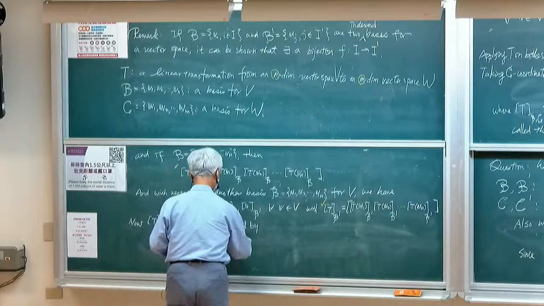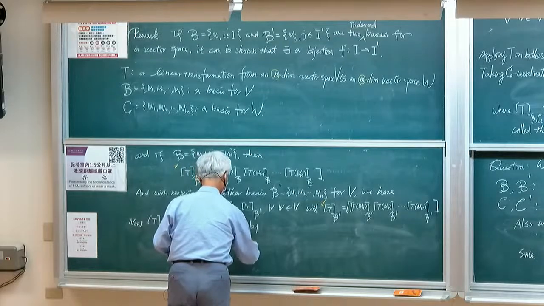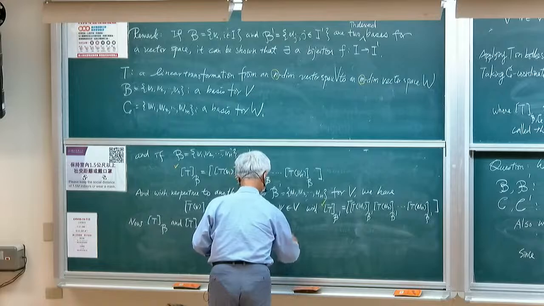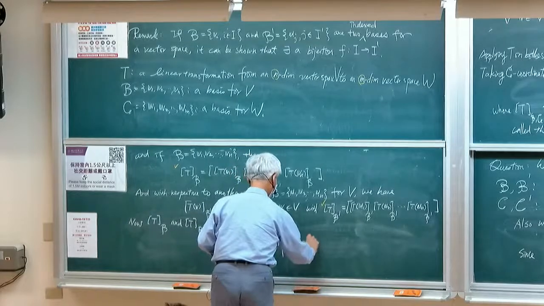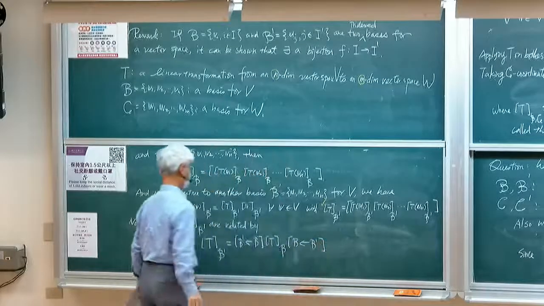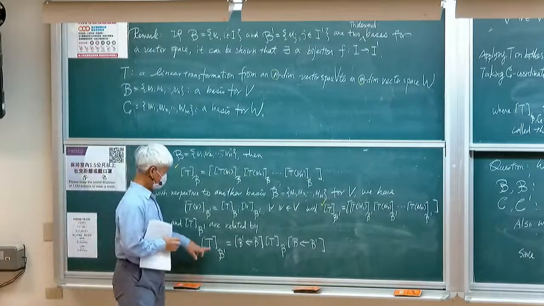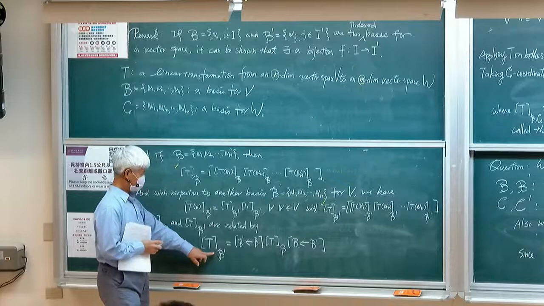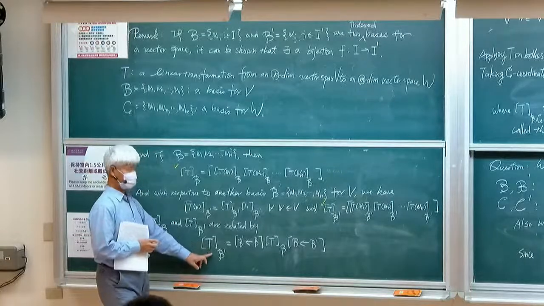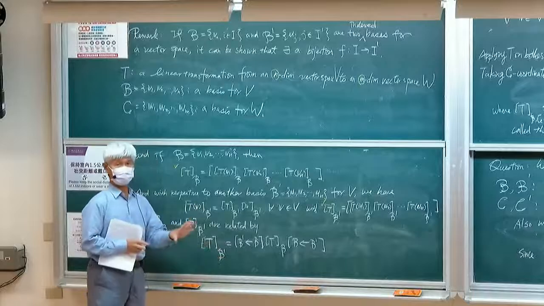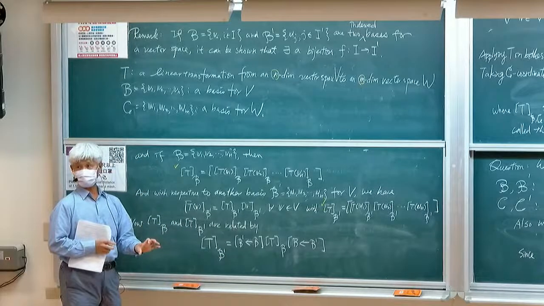Because this matrix representation actually is B prime to B prime, since the codomain and domain use the same basis.